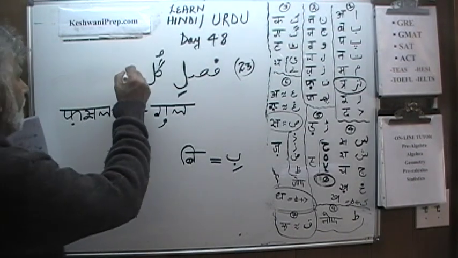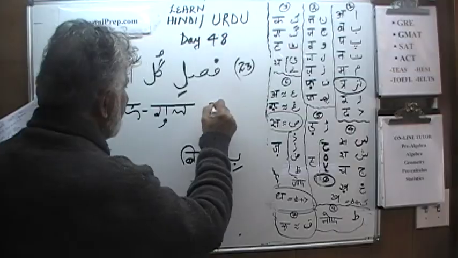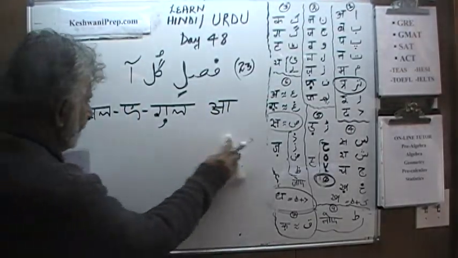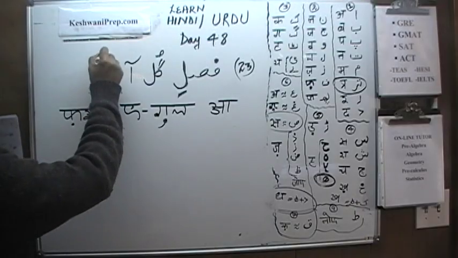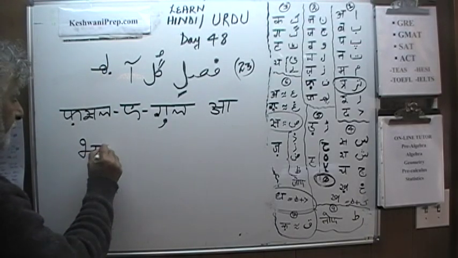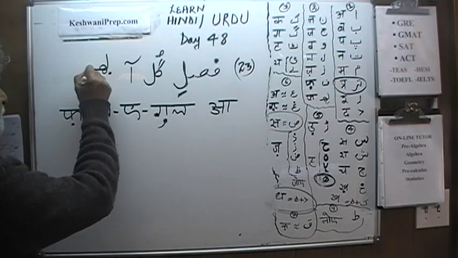A. B. This is a ba. We don't need a ba, we need a b, badi ki matra. So we change.